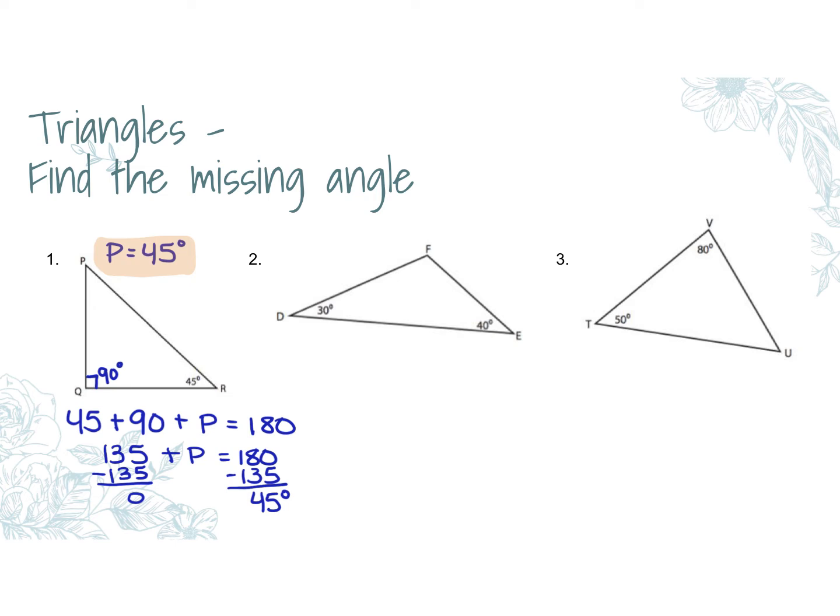In problem 2, I'll add together my two known angles, 30 plus 40 plus angle F equals 180. I'll add together 30 plus 40 to get 70 and bring down everything else.